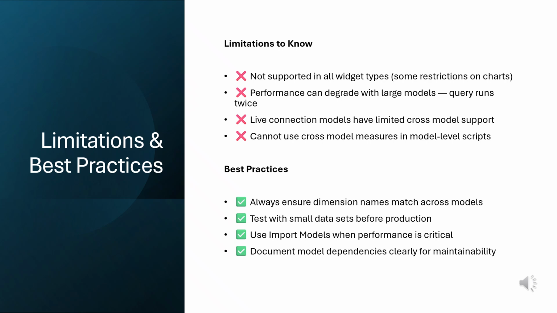Third, live connection models, those connected directly to SAP BW or HANA, have reduced support for cross-model scenarios, so you will want to use import models in those cases. On the best practice side, always make sure your shared dimension names match exactly across both models. Even a case difference can break the alignment. And always document your model dependencies clearly so that future developers understand the cross-model relationships in the story.